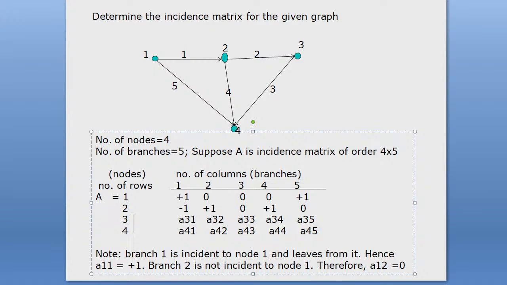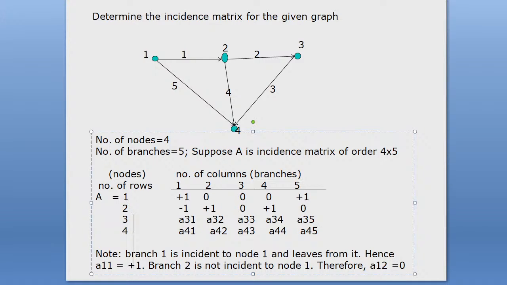To calculate the values of the elements A21, A22, A23, A24, A25. A25 is 0, right? Now you calculate yourself the values of the remaining elements and you write them in your chat box.